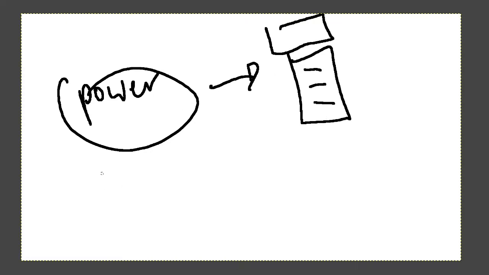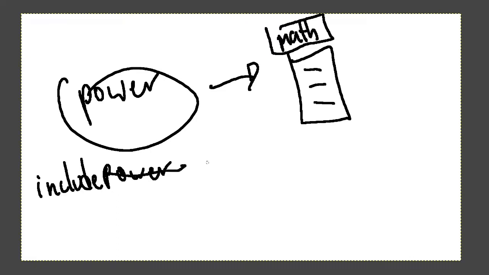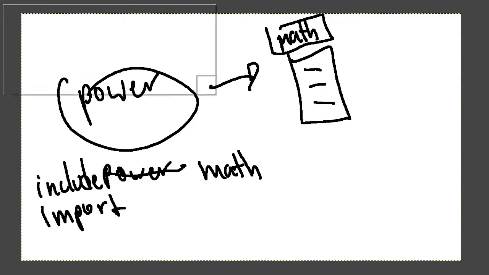Anytime you're in your program and you want to use the function power, you're going to want to tell your program to include power, except let's say that the name of this library is math. So instead of power, we want to include math. This also has different names, such as import math. Depends on your language, but basically you're just telling it to include something else.